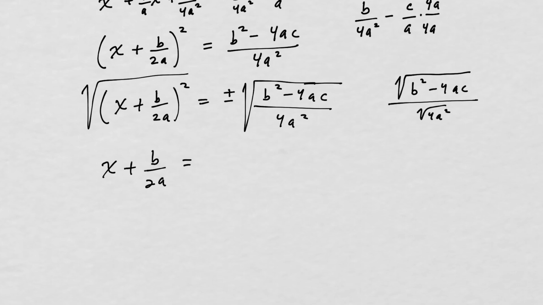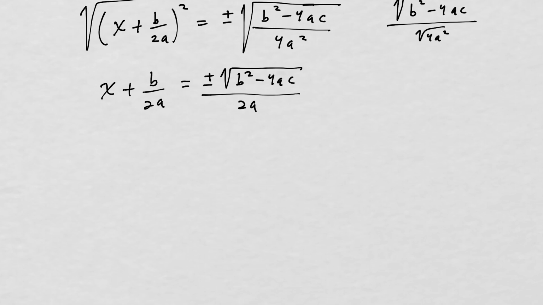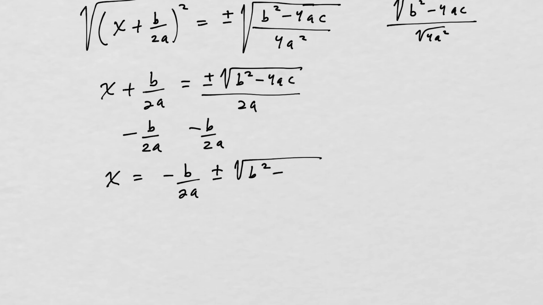So the right-hand side is going to be, I still have the plus or minus, for the numerator I'll just leave it the square root of b squared minus 4ac, but the denominator, the square root of 4a squared, is just 2a. And then finally, I can subtract b over 2a from both sides. So I'm going to get x equals minus b over 2a plus or minus the square root of b squared minus 4ac all over 2a.